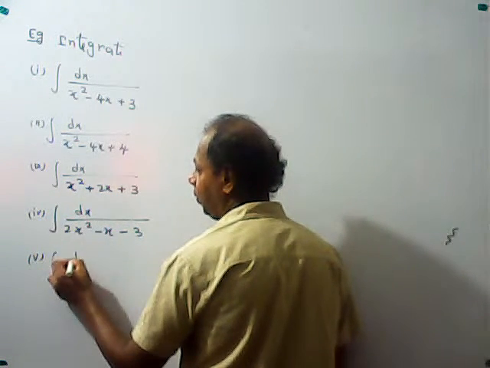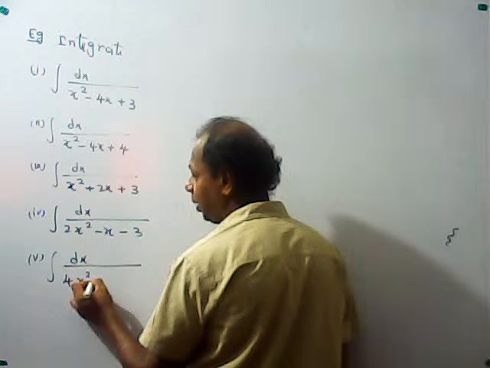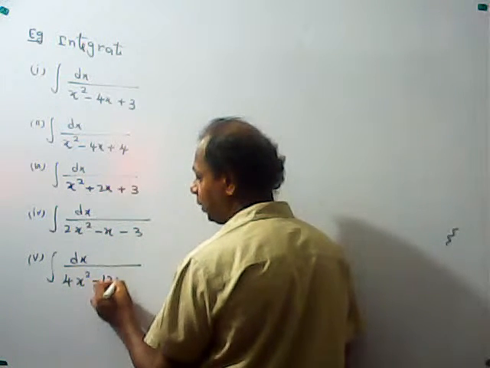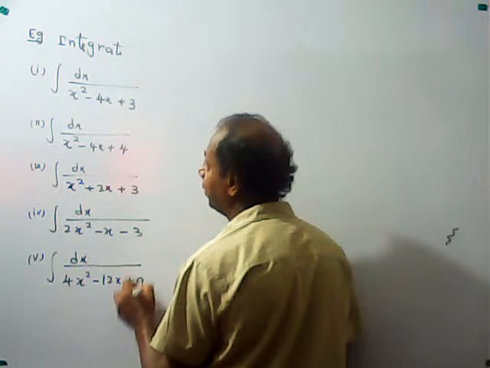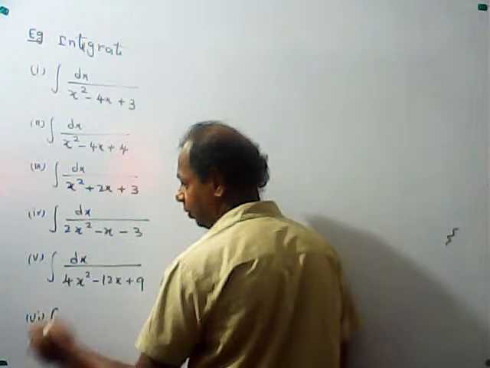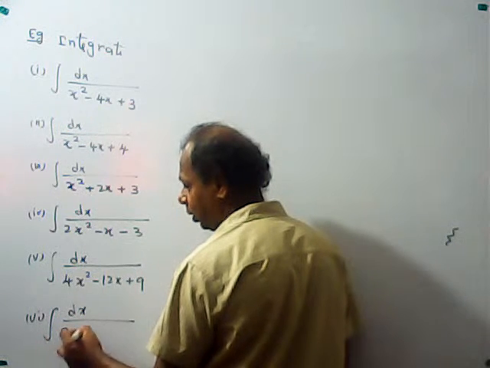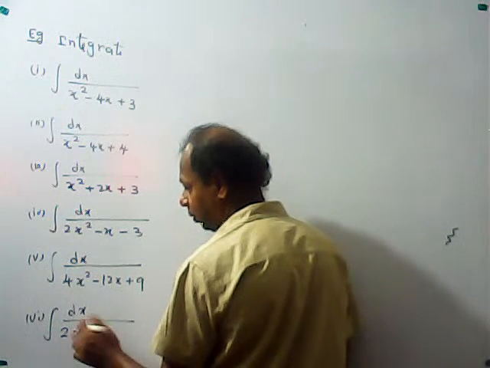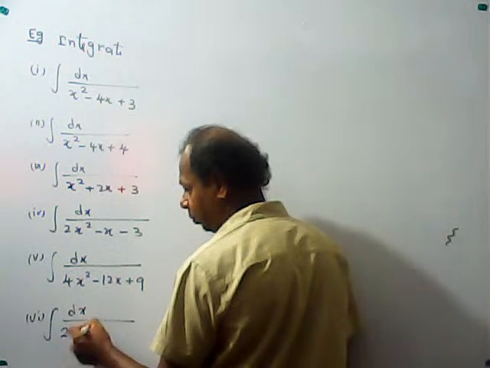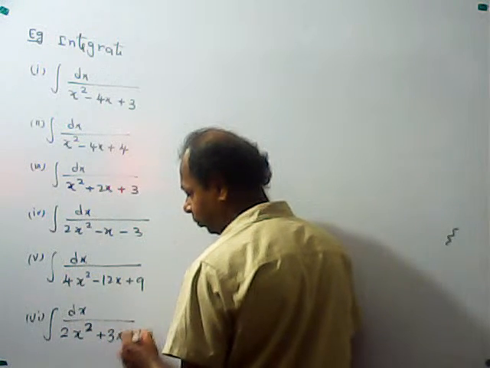Number 5, 1 over 4x squared minus 12x plus 9. Part 6, 1 over 2x squared plus 3x plus 4.